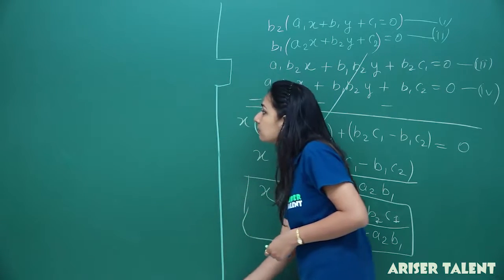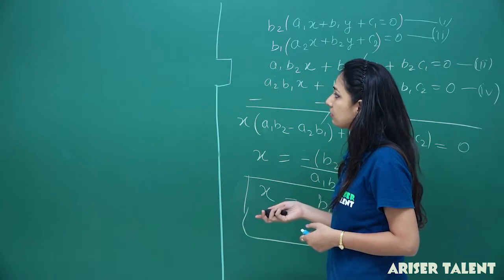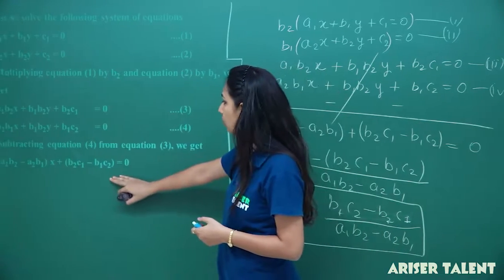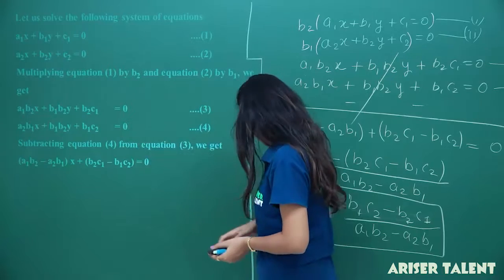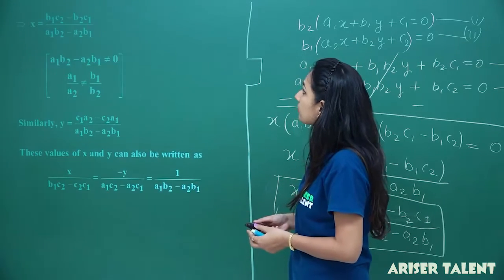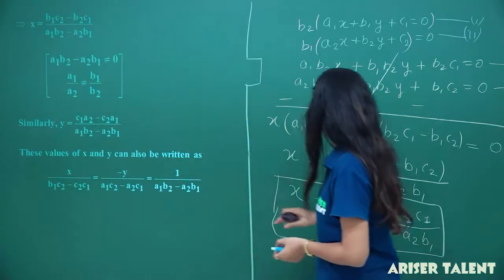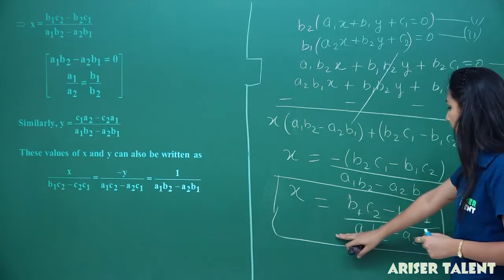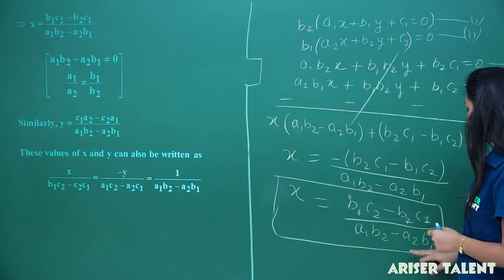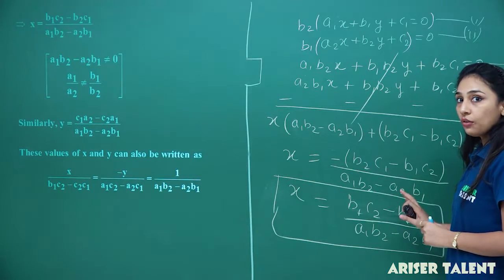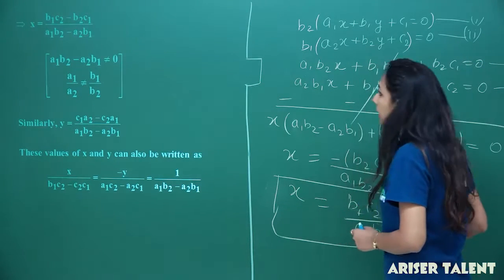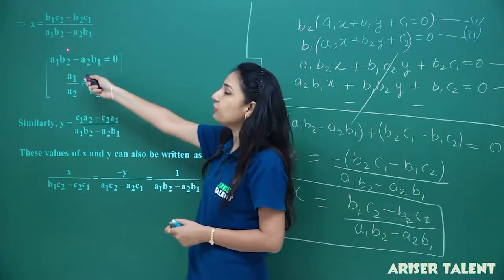Now see this, we have the value of x here, b1 c2 minus b2 c1 over a1 b2 minus a2 b1.